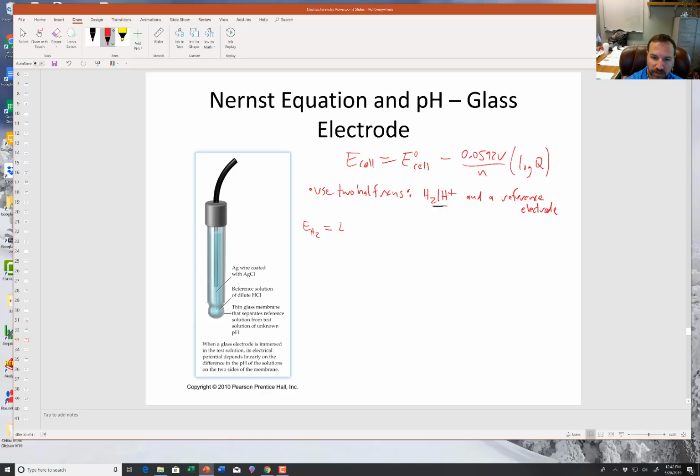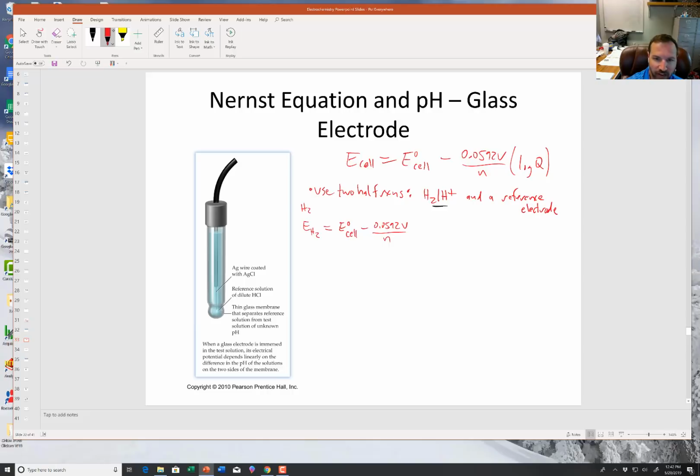And we know that that would equal standard cell minus 0.0592 volts over n. And our hydrogen half reaction, let's write that out just in case you don't remember.